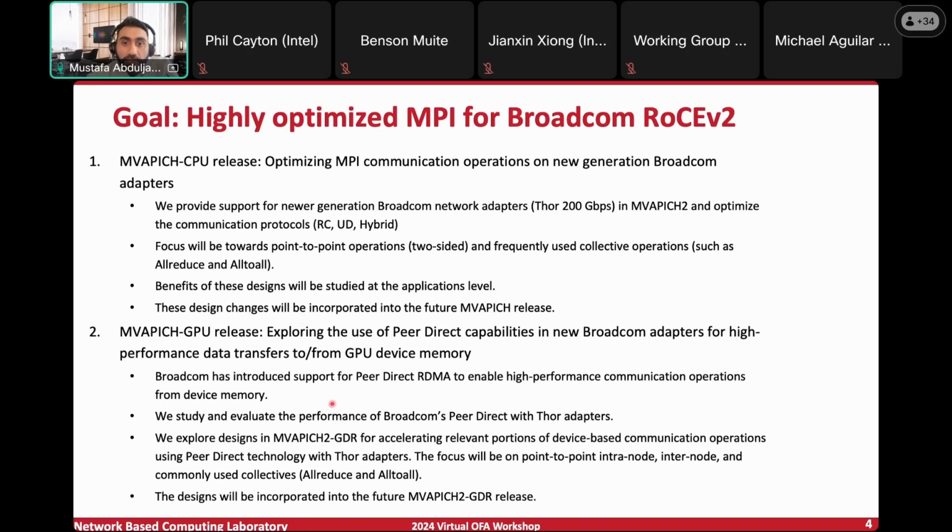In these, we use optimized GDRCopy designs over peer direct, or GPUDirect RDMA, as well as peer-to-peer communication. Both of these high-level enhancements are to be included in future MVAPICH releases, but they are internally provided to Broadcom in the form of code drops.